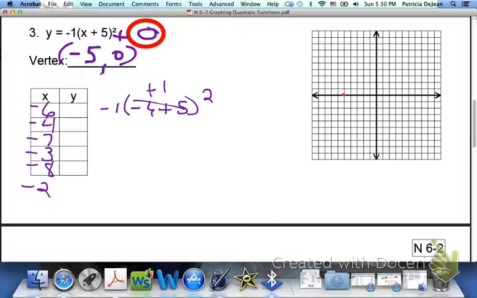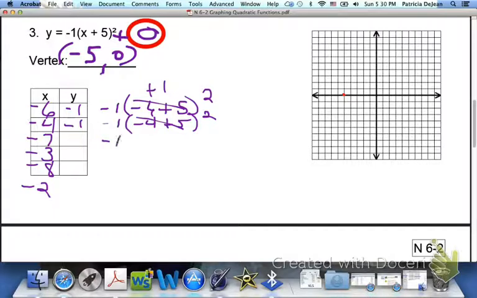But positive 1 times negative 1 then is negative 1. Okay, for negative 4 we have negative 1 times negative 4 plus 5 squared. That's going to be positive 1 squared is 1 times negative 1, so we have another negative 1. Again, seeing this idea of symmetry about this vertex.